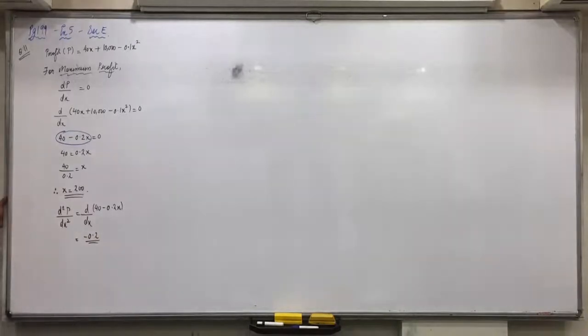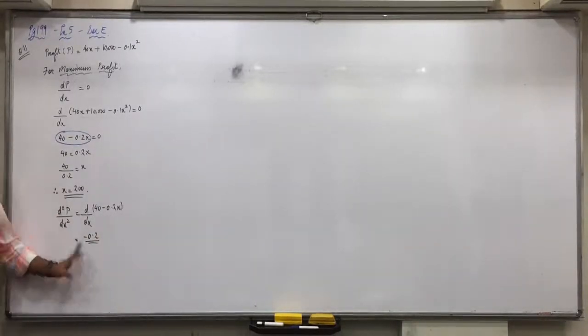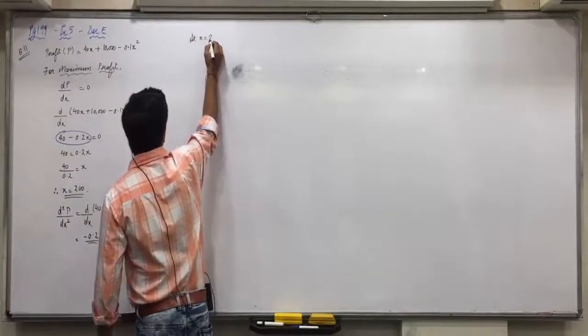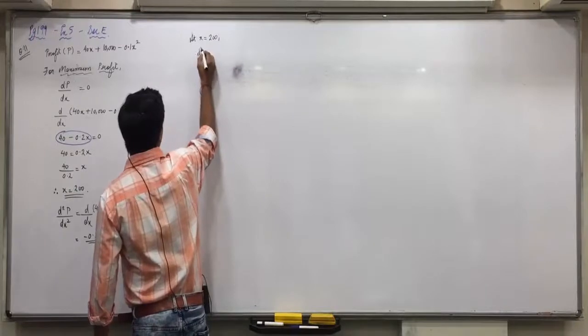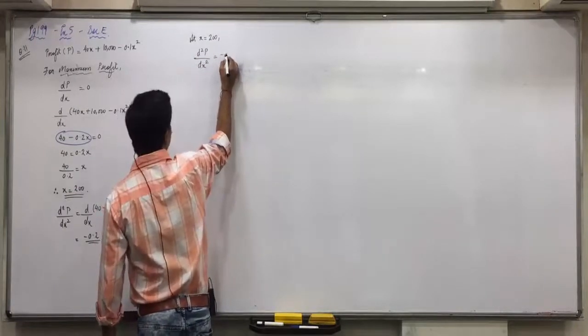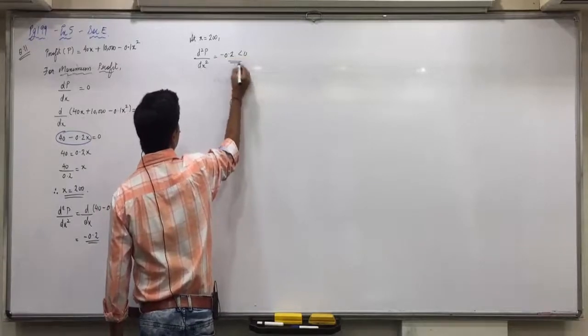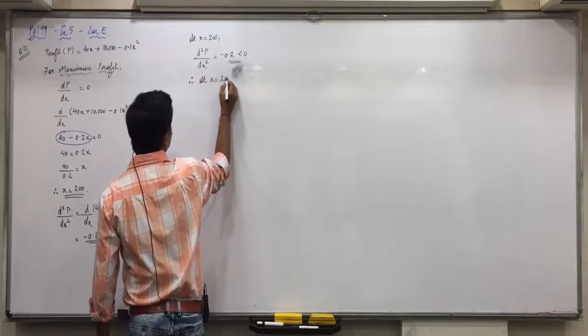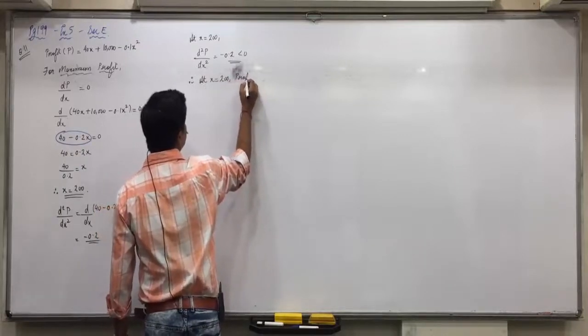As I said, automatically it comes negative. Even at x equals 200, d²P upon dx² will be minus 0.2, which is less than 0. Therefore, at x equals 200, profit is maximum.